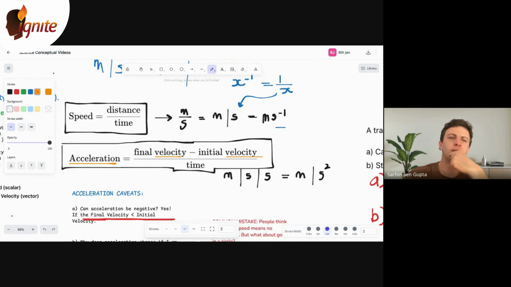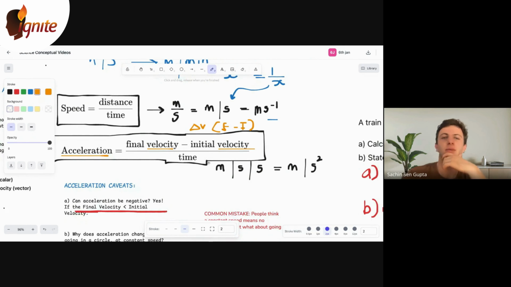Acceleration is the change in velocity. The change in anything, whether temperature or whatever, is always final minus initial. I just want you to notice that pattern, which you'll see a lot in chemistry, physics and many different things: change in whatever is always ending minus starting. And then we need time on the bottom, which is once again the final time minus the initial time.